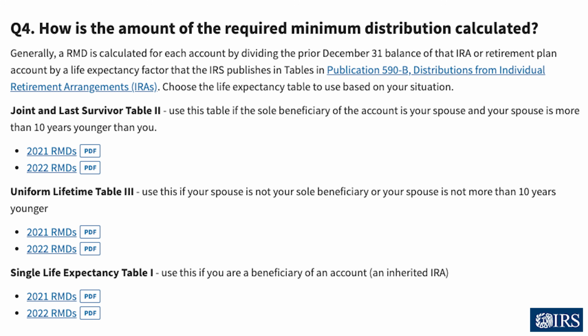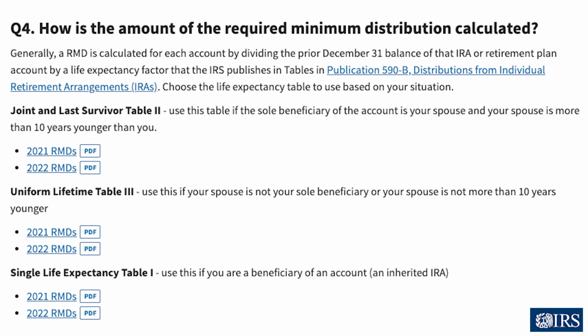Then you have to go to the appropriate life expectancy table, for lack of a better term. And you can see here that there's actually 3 different ones that you'll choose from. That will be the right one for you, depending on your situation. The joint and last survivor table, the uniform lifetime table, which is what will apply to most people, and then the single life expectancy table as well.